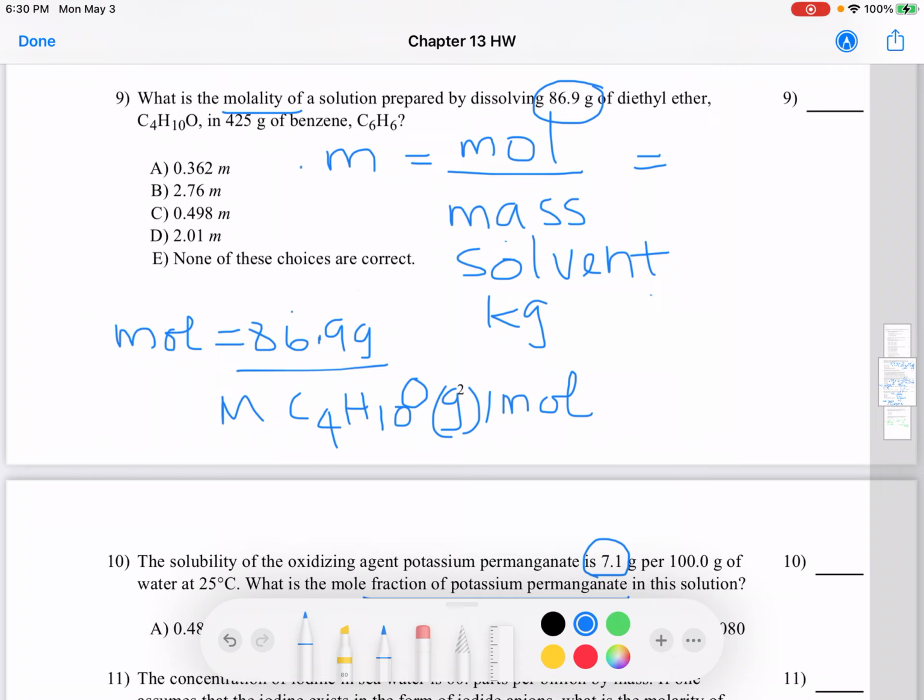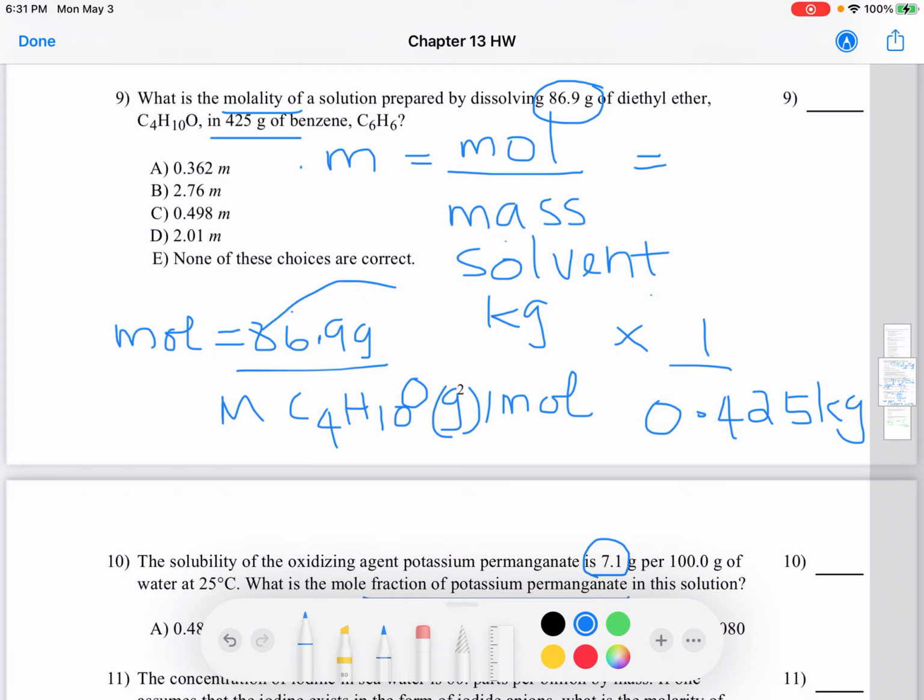And then you're going to divide this by the mass of the solvent in kilograms. So 0.425 grams, the mass is going to be 0.425 kilograms. That will give you m.